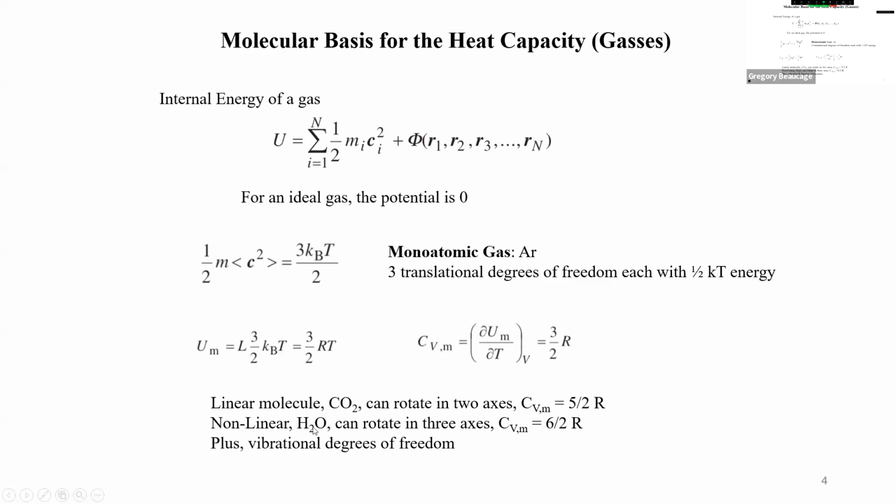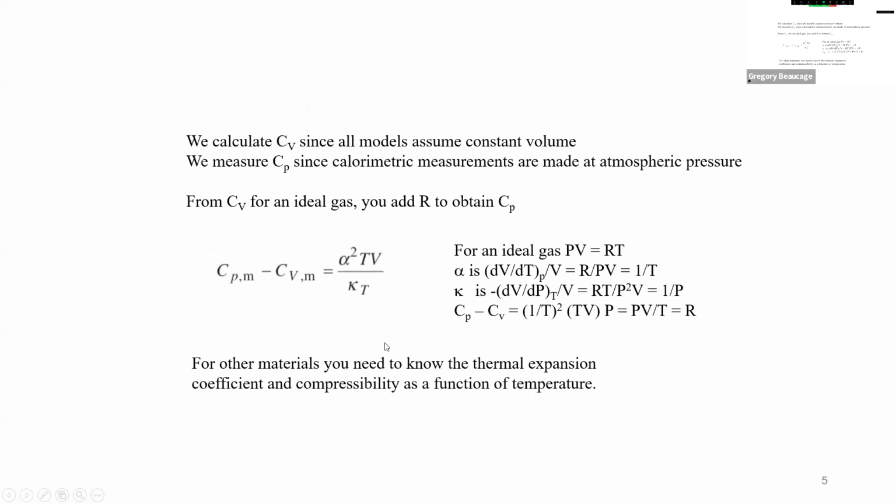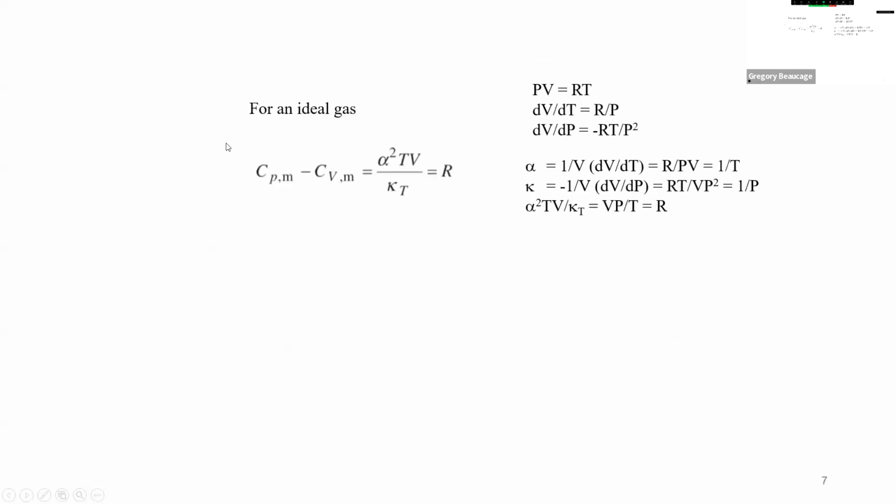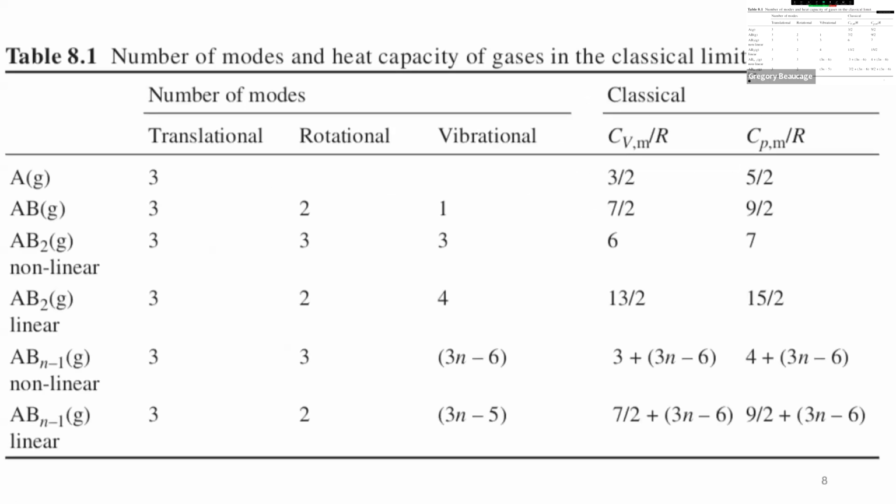A nonlinear molecule can rotate about three axes, so it's 6/2 R. And for every vibration you add another one too, depending on how you break down the 3n minus 6 vibrations of the molecule. So you can make a list for every kind of gas, and CP is just R more than CV. It's a simple model for gases.